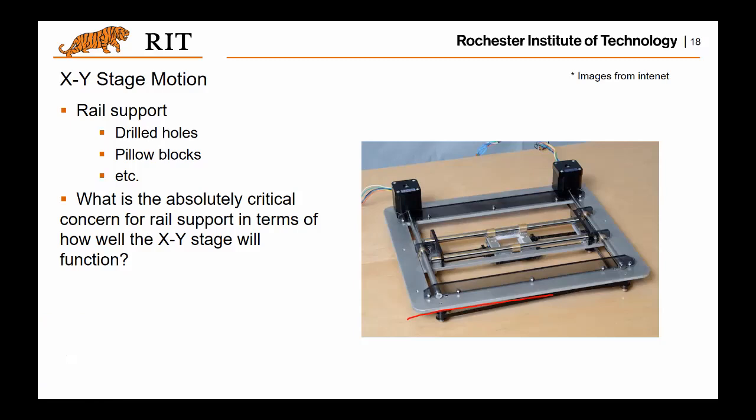So this is X and this is Y. If these are not parallel, then the orthogonality of the 2 directions cannot be guaranteed, and that will make the XY motion inaccurate.